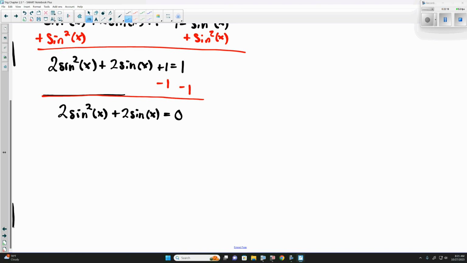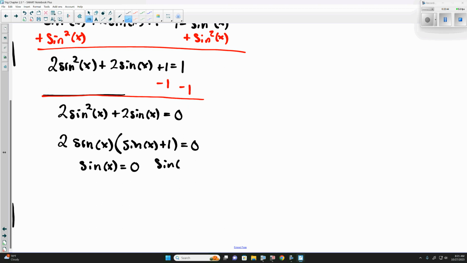Greatest common factor is sine of x, which does leave us with this here. Now we have 2 things multiplied together to equal 0. One of them is sine of x, and the other is sine of x plus 1.